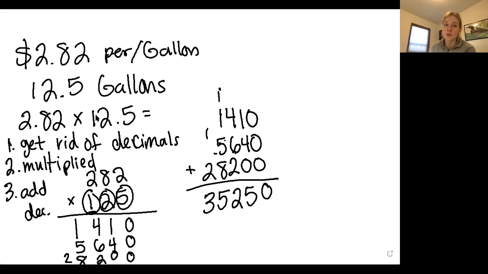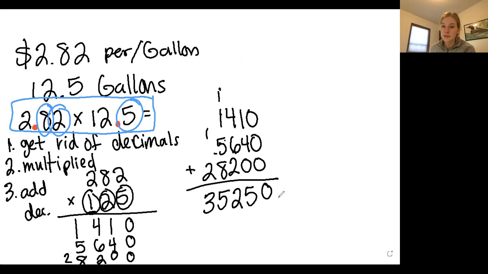Well, we actually just have to count the amount of digits that are to the right of our decimal point. So here's our decimal point, and I have 1, 2 digits here, and here's another digit. So within your whole equation here, just count how many digits are to the right of your decimal point.